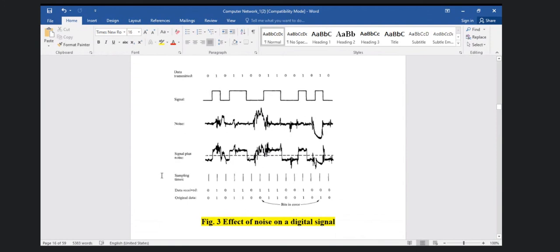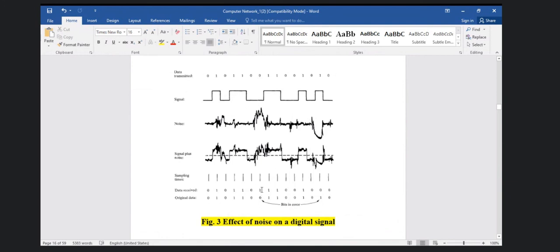So this is the data received, what we are getting at the receiving end side, but we have to get these data.